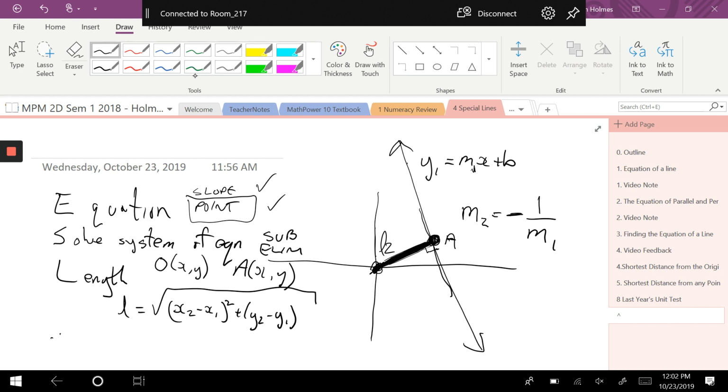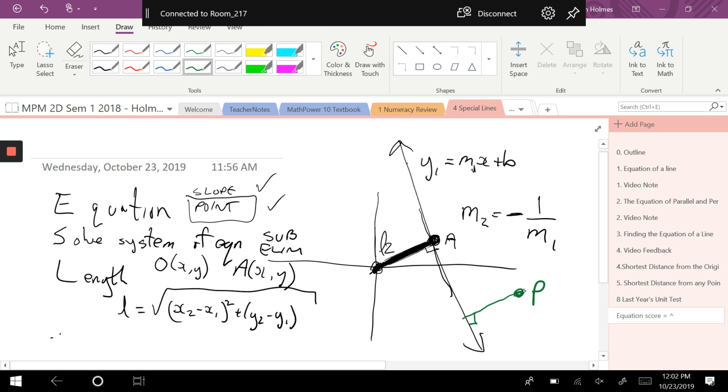If I switch colors and I'm now in green and I'm interested in the shortest distance from this point P to my line, it's going to be the perpendicular line. I calculate the slope of my y1. I therefore know that the perpendicular slope is going to be my m2, negative 1 over m1.